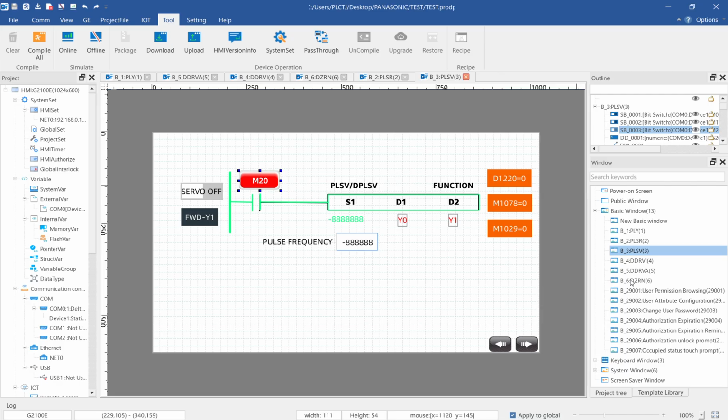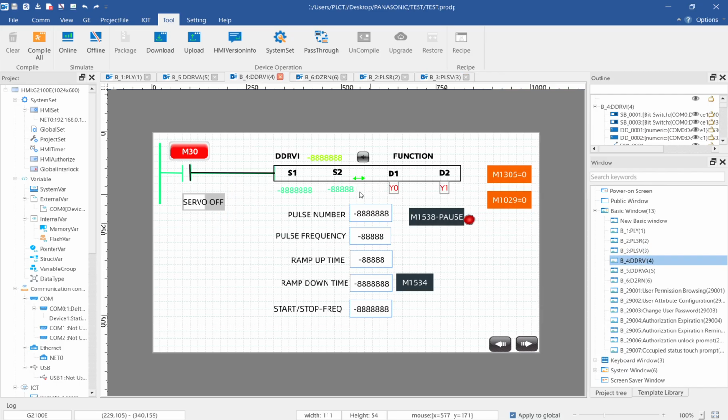From DTools, what we have is relative direction, relative pulse. Again, we have servo on, and one memory for the on and off function. Pulse number, pulse frequency, ramp up, ramp down, start and stop.